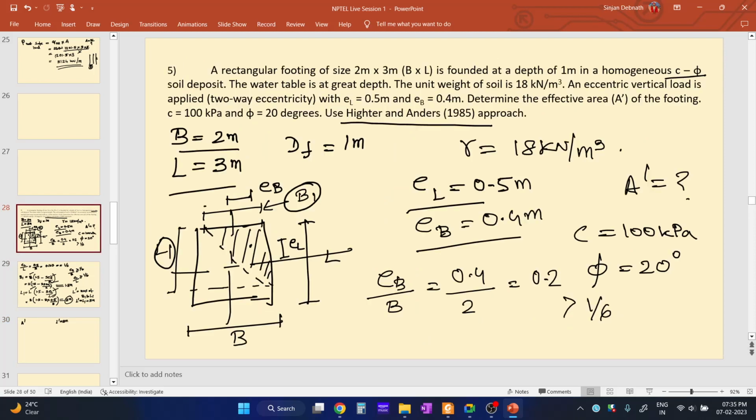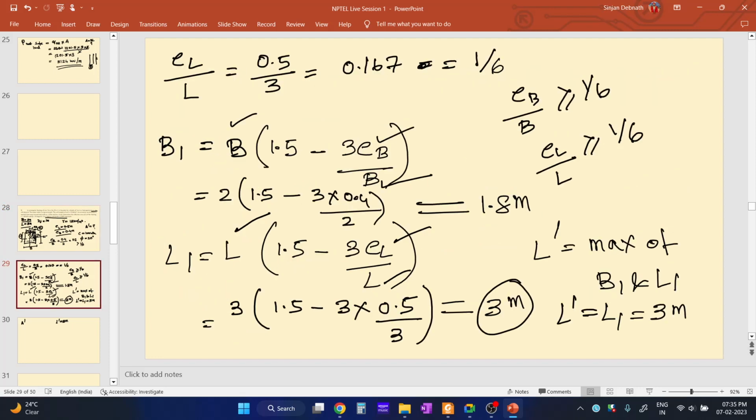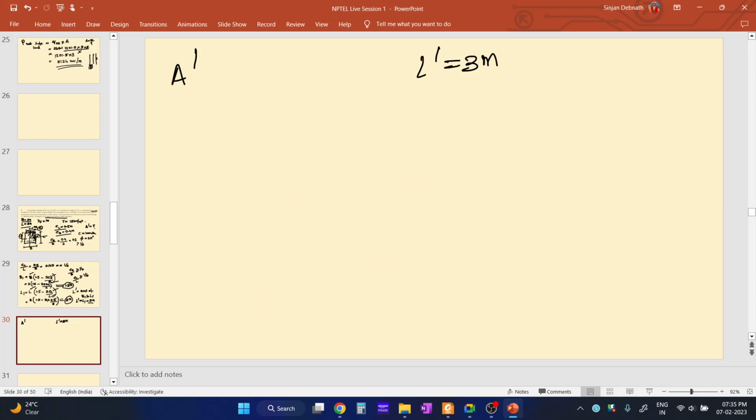Now if we look at this area, you see this is a triangle, this shaded area, and the length of this side is L1 and this side is B1. What is the value of B1? B1 is 1.8. And what is the value of L1? L1 is 3. So A dash will be equal to half into L1 into B1.